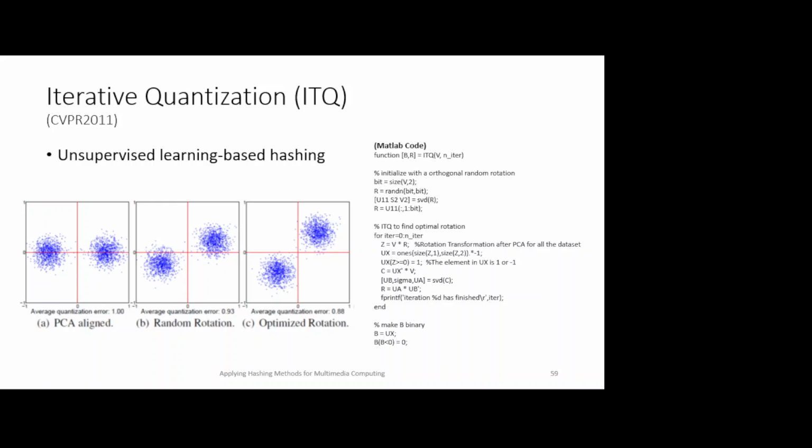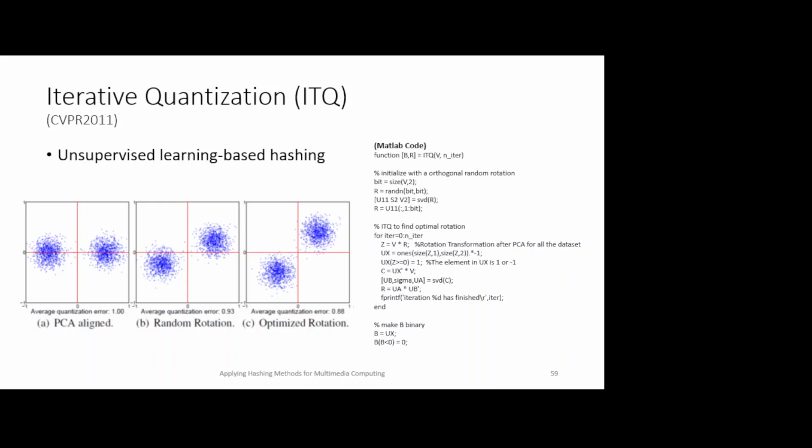Okay, then in figure B, we perform a random rotation on this data. What does it mean? This means that we center at the origin and then rotate the data like this. You see the distribution before is like this, but after we rotate around the origin, it's like we rotated 30 degrees.